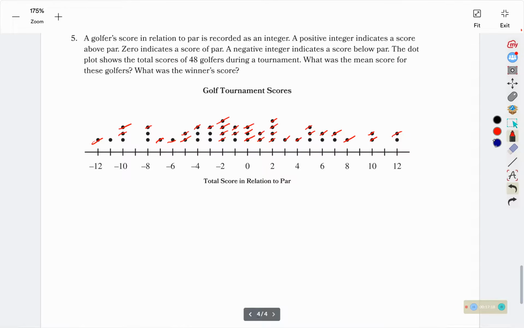So now I have negative 11, negative 10, 2 negative 8s, 2 negative 4s, 2 negative 3s. Ooh, wait. Or sorry, 2 negative 3s and a positive 6 together make 0.